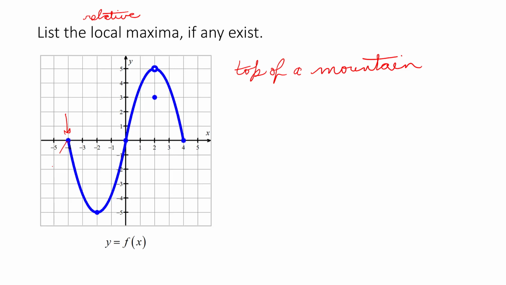If we went to the left like so, we'd be at the top of the mountain, but we only have one side covered here. So we're looking over a cliff or something, I'd say. Here we would almost be at the top of a mountain, except the point's missing. So if I tried standing on top of this mountain, I'd probably fall through. Okay, so there are none here, no local maximum.